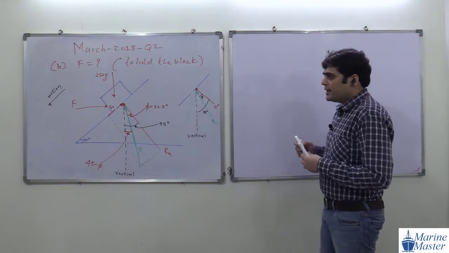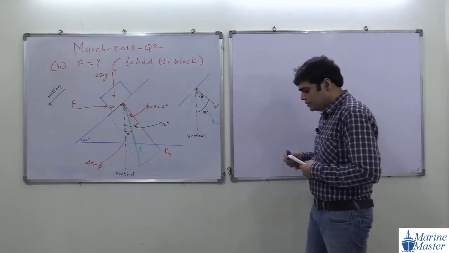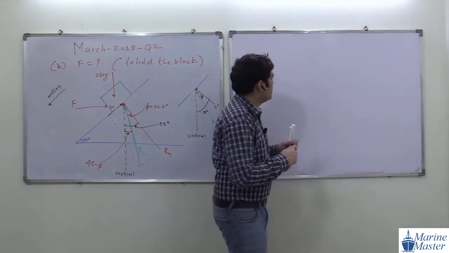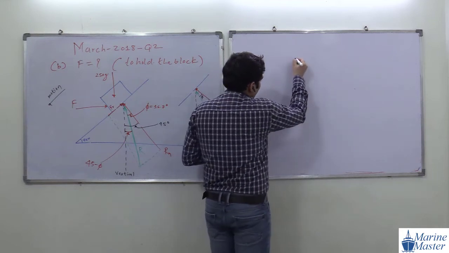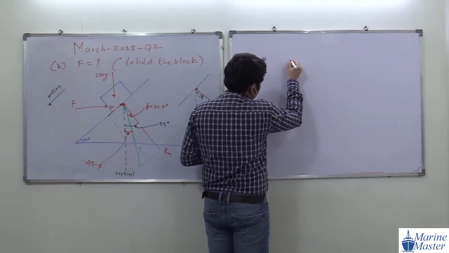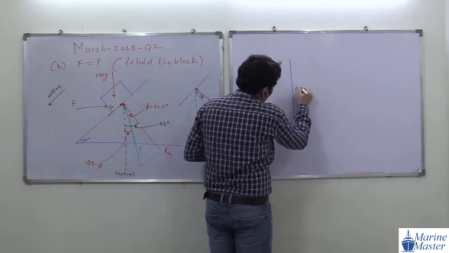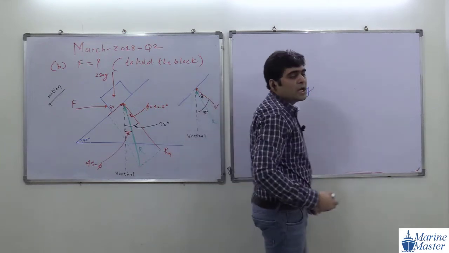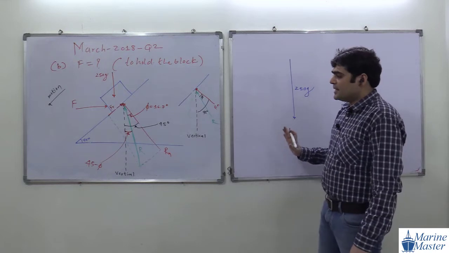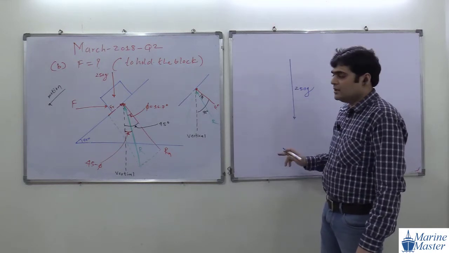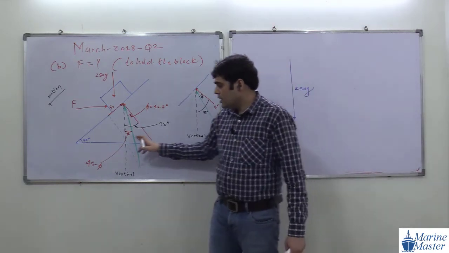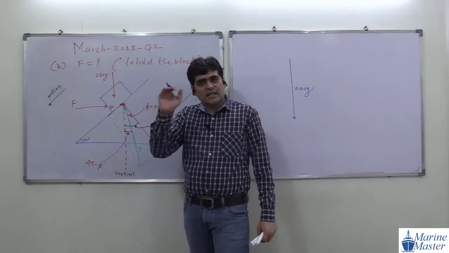So they will form a closed triangle. What do we have to do? We will start with our basic, our standard one, 250 G, our reference. Here R is making how much angle with respect to vertical? Only 45 minus phi, which means less than 45 degrees.